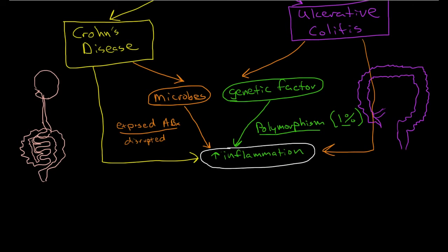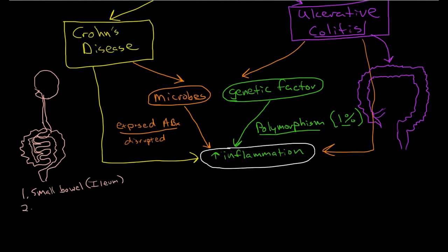So ulcerative colitis, hence the title, really just affects the colon. Crohn's disease, on the other hand, can affect everything from the mouth to the anus. There are three different possibilities usually. The most common is Crohn's disease that affects only the small bowel, and usually it affects the ileum preferentially.